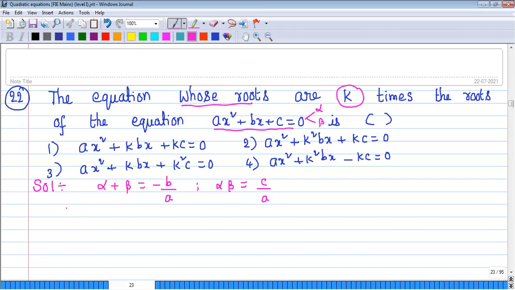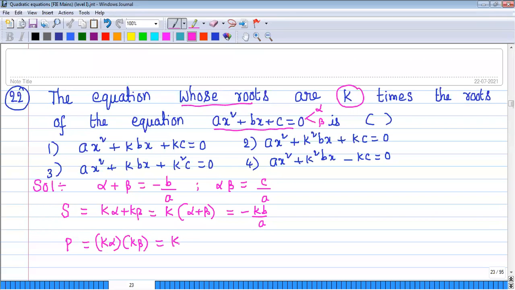Now the sum of the roots k alpha comma k beta: k common, alpha plus beta, we get minus kb upon a. Next, product: k alpha into k beta, that is k square times alpha beta, that is k square c upon a.